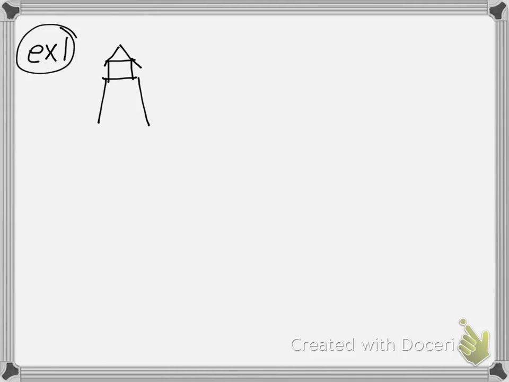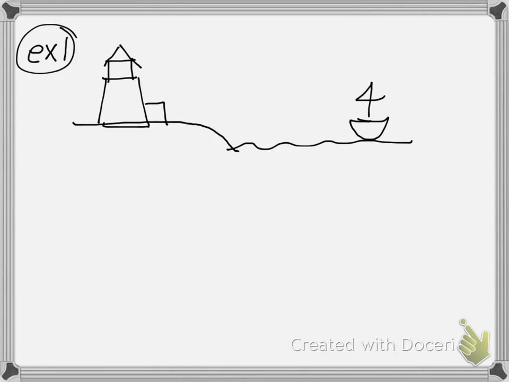And say that a boat can see the lighthouse. So we have our little boat here. Okay? So that's our little boat. All right? And say that there is an angle of elevation from the boat. Okay, that line was horrible. So from the boat, there's an angle of elevation of 35 degrees.